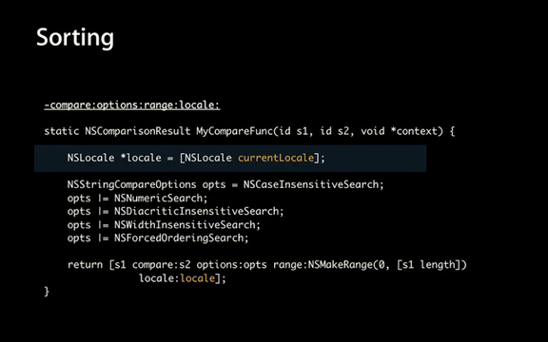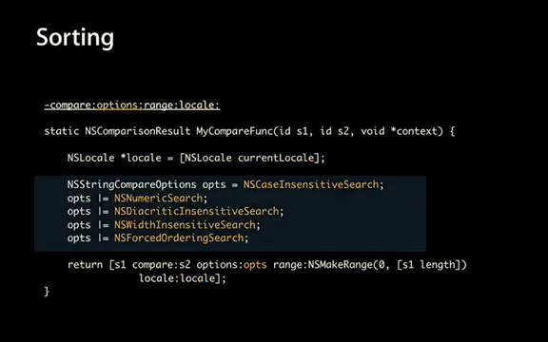So obviously, when you're doing localized sorting, you want to specify a locale, and generally, if you want to follow the user setting, you specify the current locale like this. After that, the next step is to specify a series of options. This is a set of the options we recommend you follow.